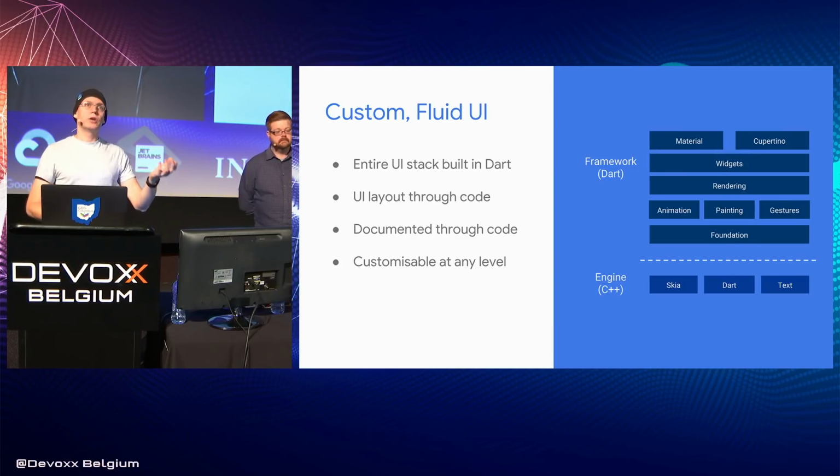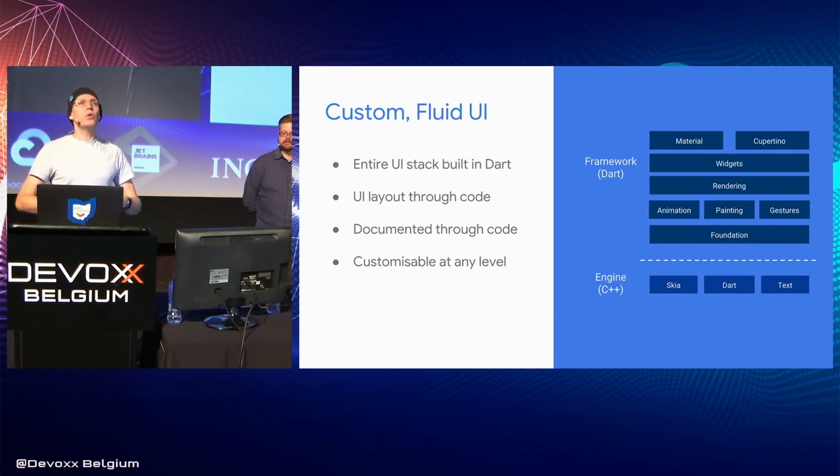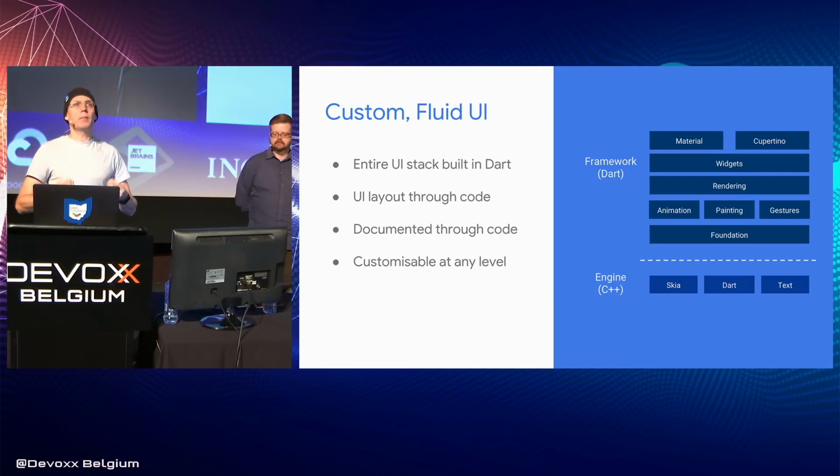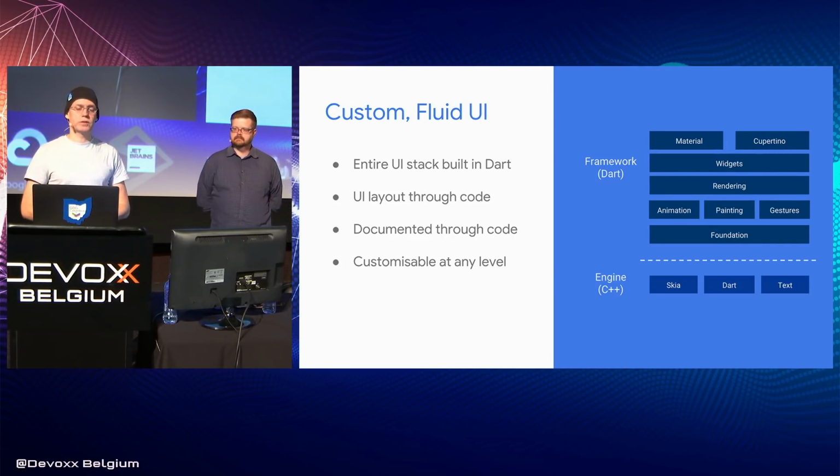But you can drop down to the lower level widget layer. You can actually drop down to the rendering layer or further down and play around with how our animation framework works down to the foundation. So you can control pixel painting at any level, which is why you can create a UI which is heavily customized without having to jump through a lot of hoops, worrying about mapping back to native UI components.